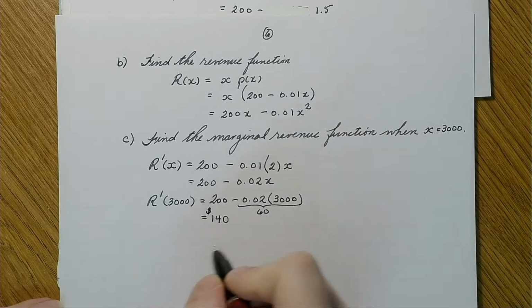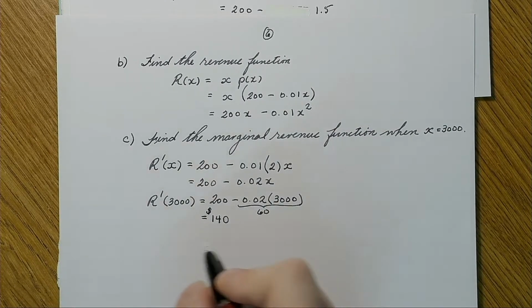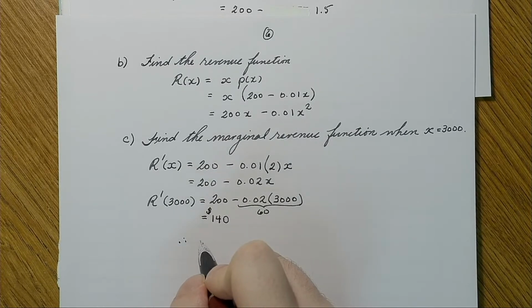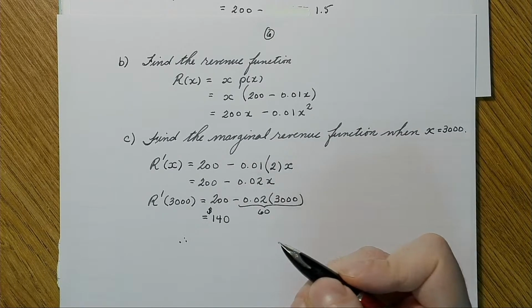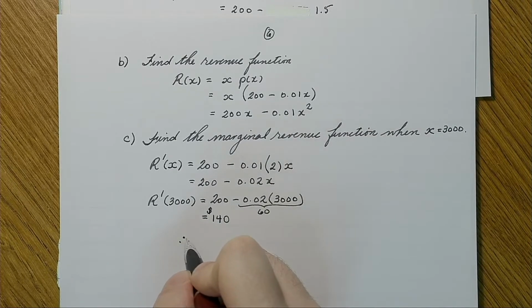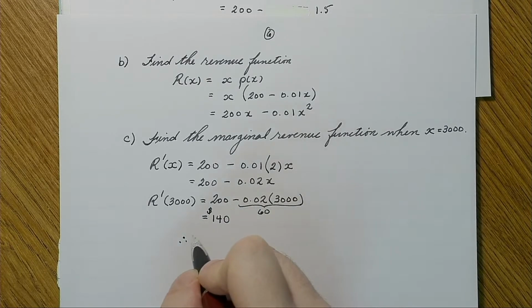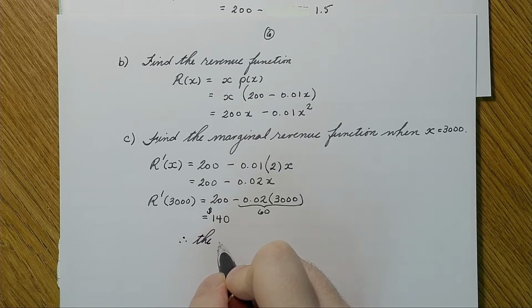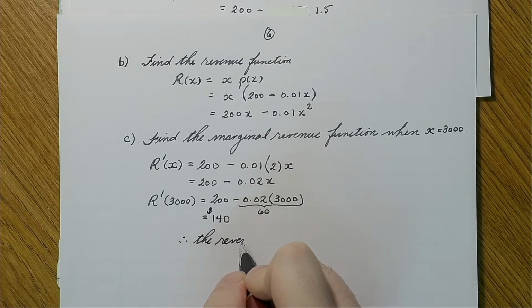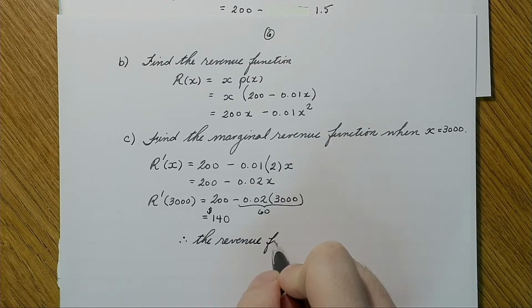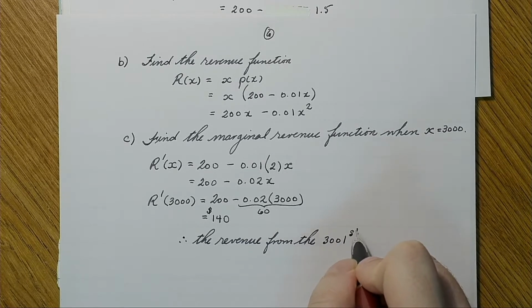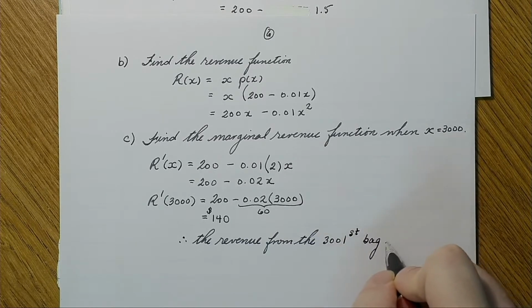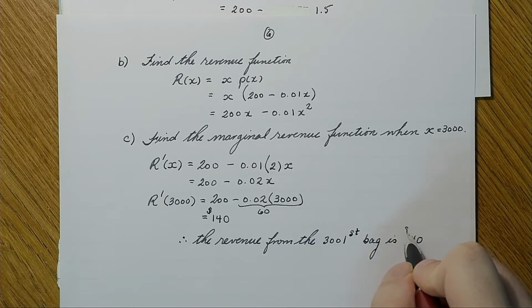To interpret that, we should say that, therefore, the revenue from the 3,001st bag is $140.